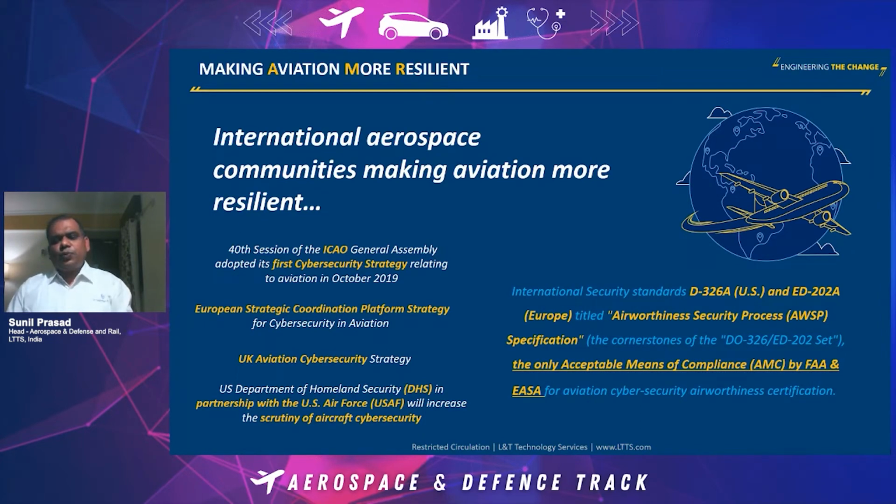A few more things I would like to highlight here: this document has to be used in conjunction with the other ARP system safety assessment document that we have, the DO-118 document. So the entire flow, and what is required to be done, is an integrated view.